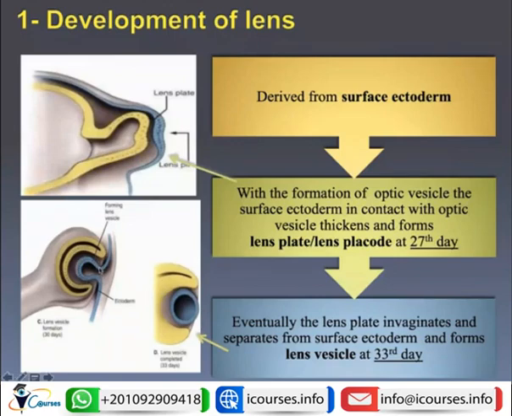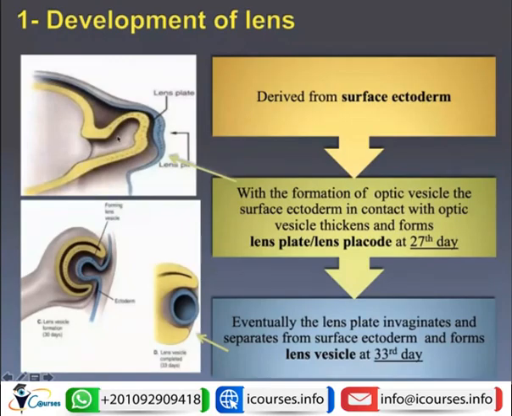Later on, there will be contact between the edges, leading to separation and formation of what's called the lens vesicle. This occurs in about the 33rd day. If you think about it, this is the developing eye, and this is the developing lens, and as you can see here, the developing lens is outside the eye.